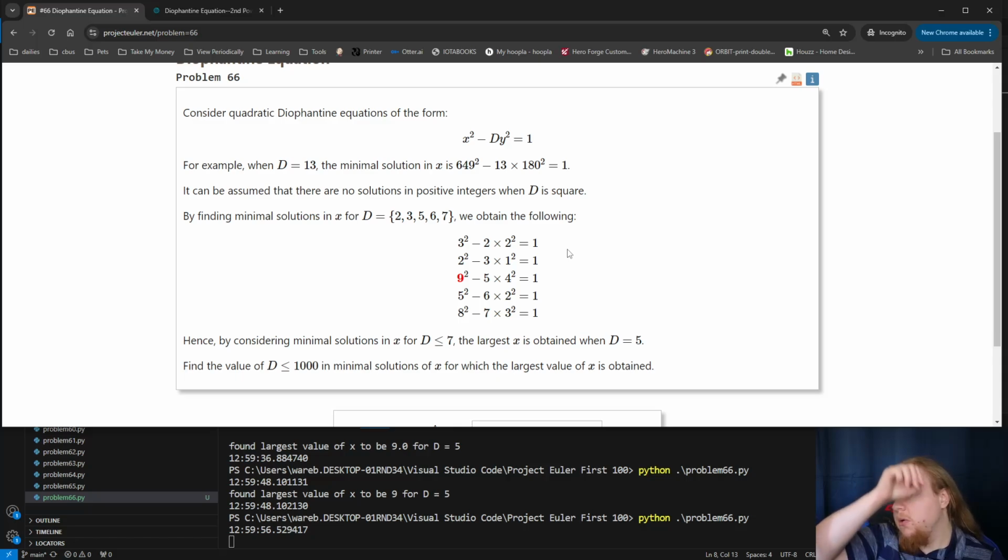So we know that y has to be some number such that squaring it is still a lot less than x.